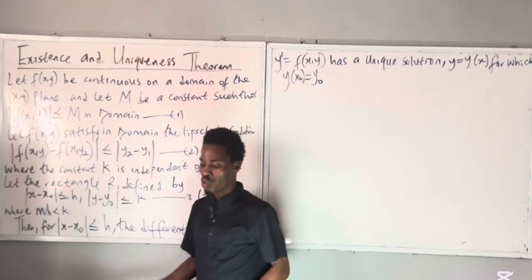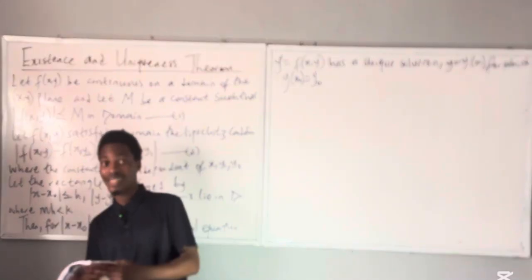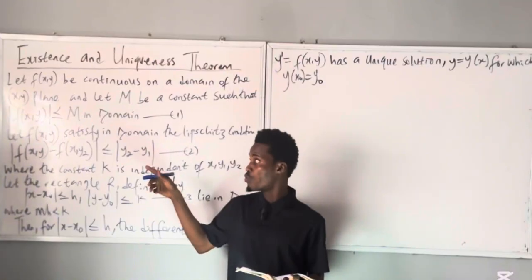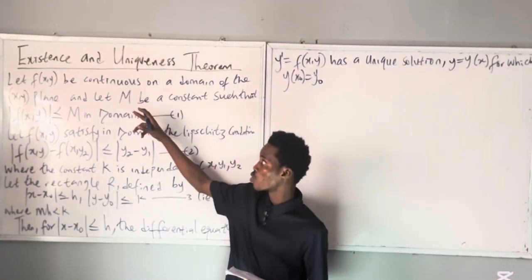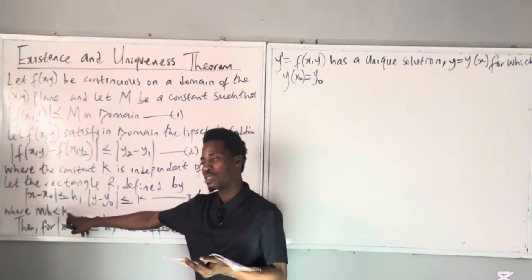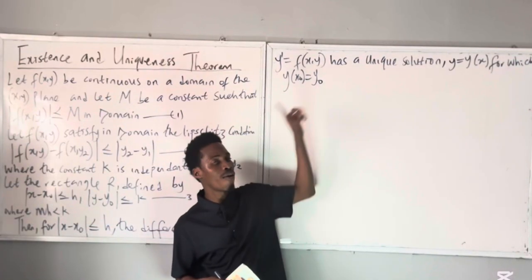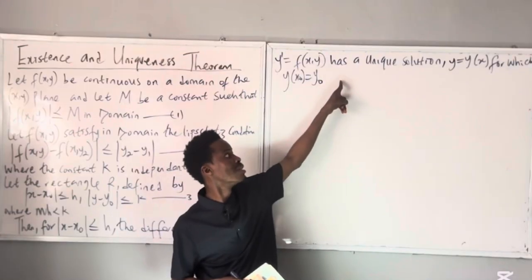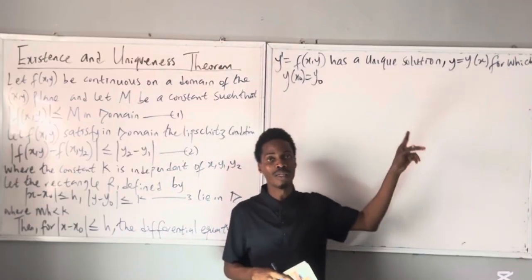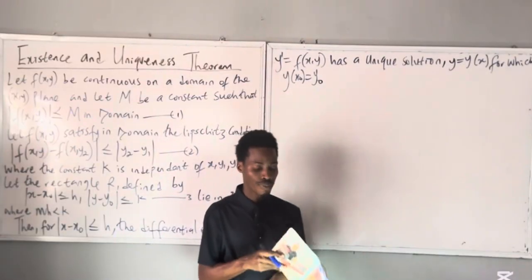This is the statement on existence. In existence, we have 4 steps we are going to show to prove that the solution exists. And we have 1 step to prove that this differential equation has a unique solution.